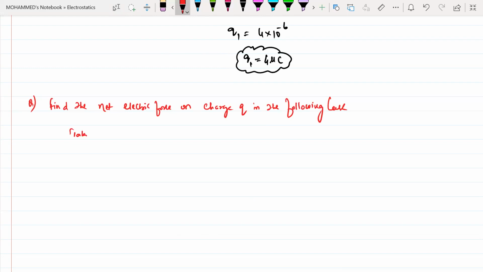And what you do is take 1 by 4 pi epsilon naught into capital Q small q divided by d square, equals some F naught, for calculation purposes. Okay. First question in this one.